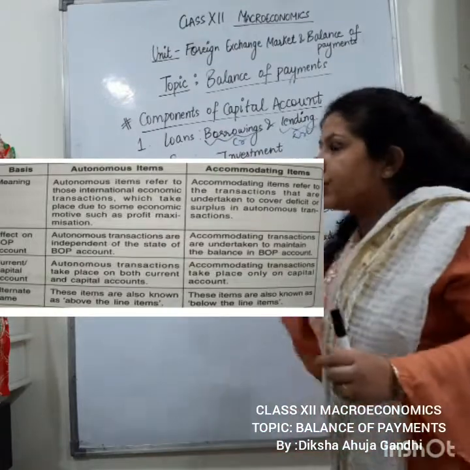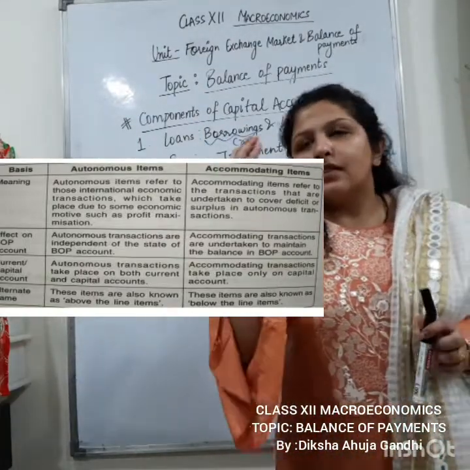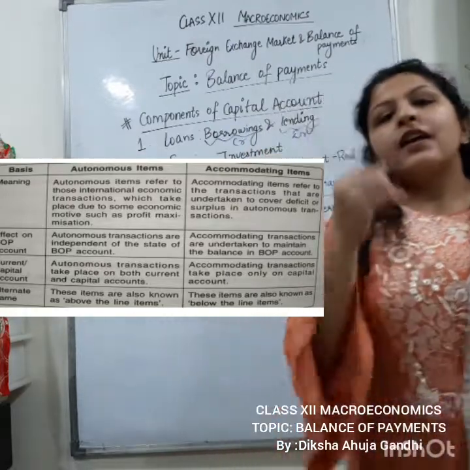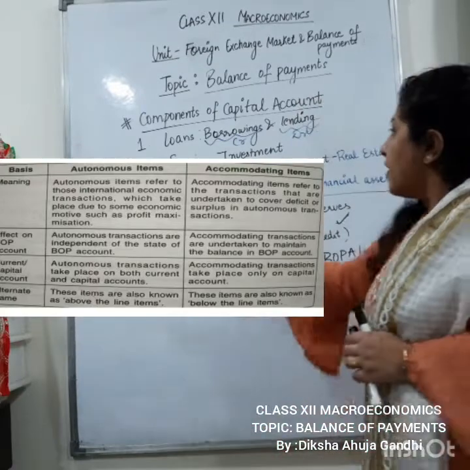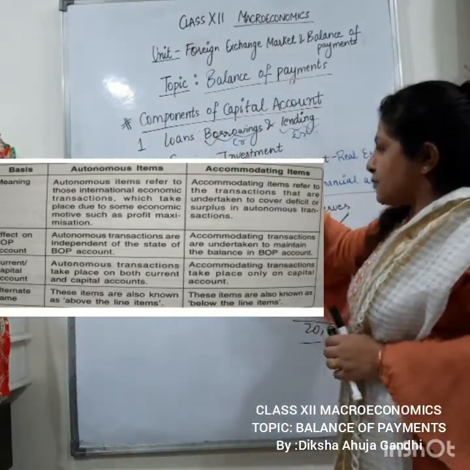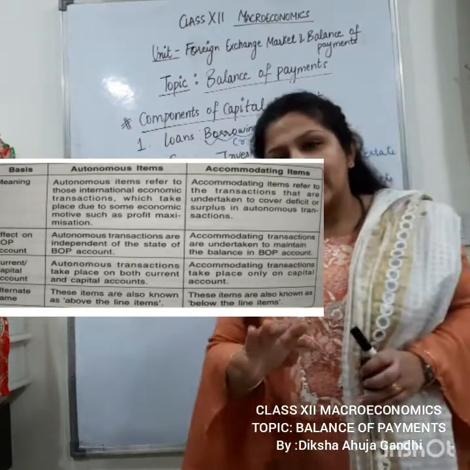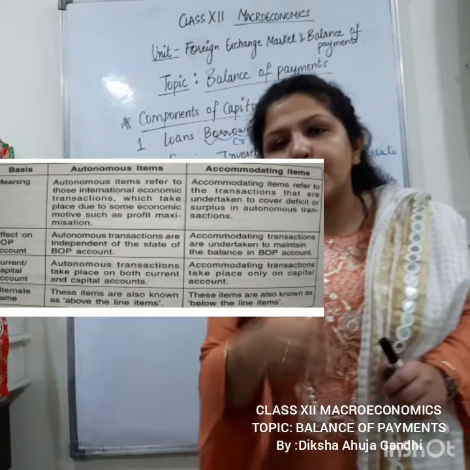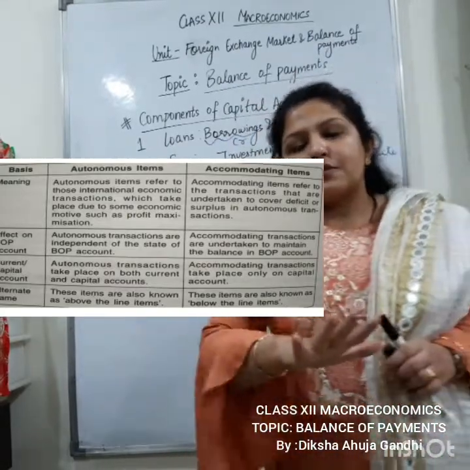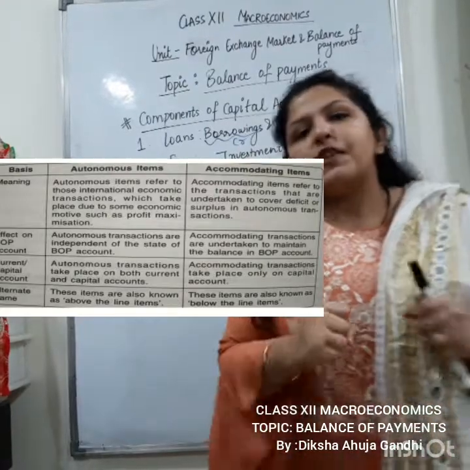These all were autonomous items, right? मैंने जितने भी points अभी तक पढ़े, like the goods, invisible trade, unilateral transfers, and next is investment income to and from abroad, loans, foreign investment, foreign direct investment, and portfolio investment. All these are autonomous items because whenever these items take place, they do not think कि BOP deficit में जाएगा या surplus में जाएगा. These transactions are being done for their profit motive. वो profit motive के लिए होती है.